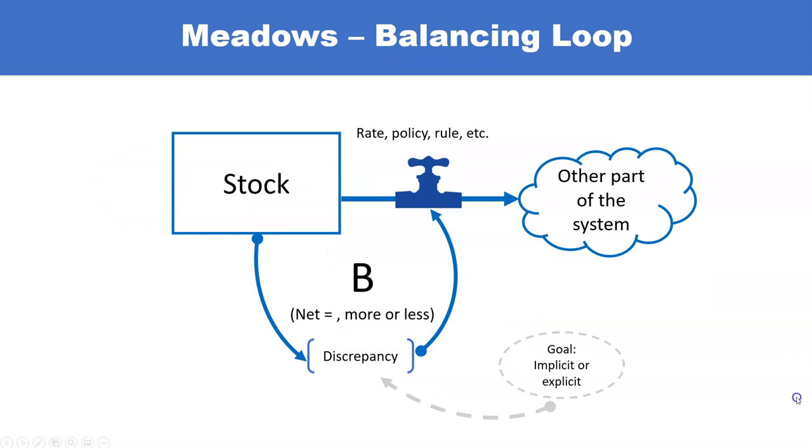On the other side of that, the idea of a balancing loop. We would draw the stock, and there would be some kind of outflow delivery mechanism where the stock would go to another part of the system, which we won't discuss, but we'll denote that it does go somewhere. There are forces at play that more or less equal out, because the goal, whether known or not known, is really to achieve some kind of desired state.